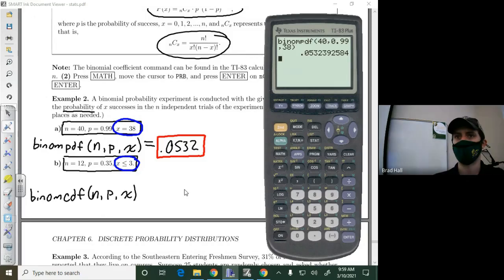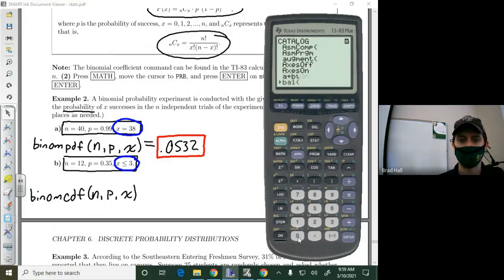And the C simply represents cumulative, which basically means you add up everything leading up to the final number. You accumulate all of them. So you find it in the calculator the same exact way. You go back to catalog, you scroll all the way down, and you'll see binomial CDF there. That's the one I'm going to enter.